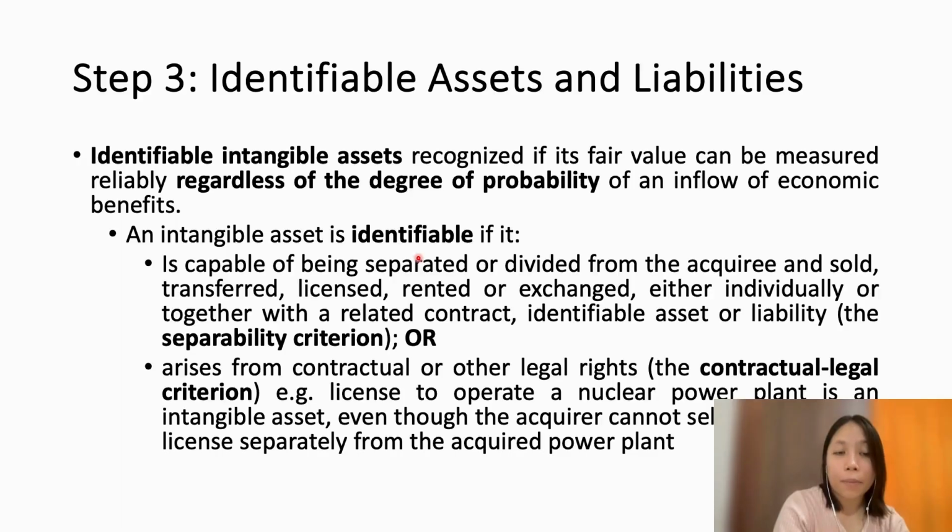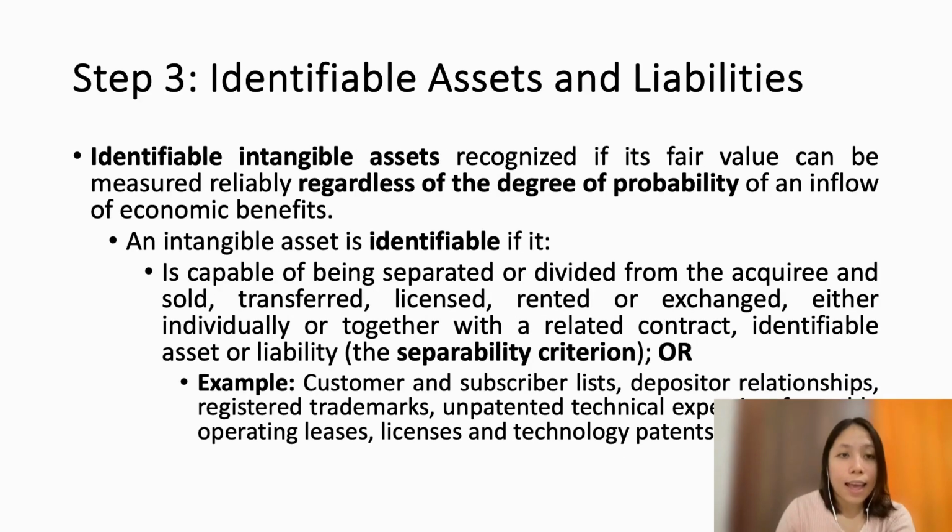They are identifiable if they meet either the separability criterion or the contractual legal criterion. Examples of intangible assets that are considered identifiable because they meet the separability criterion are as follows: customer and subscriber lists, depositor relationships, registered trademarks, unpatented technical expertise, favorable operating leases, licenses, and technology patents.